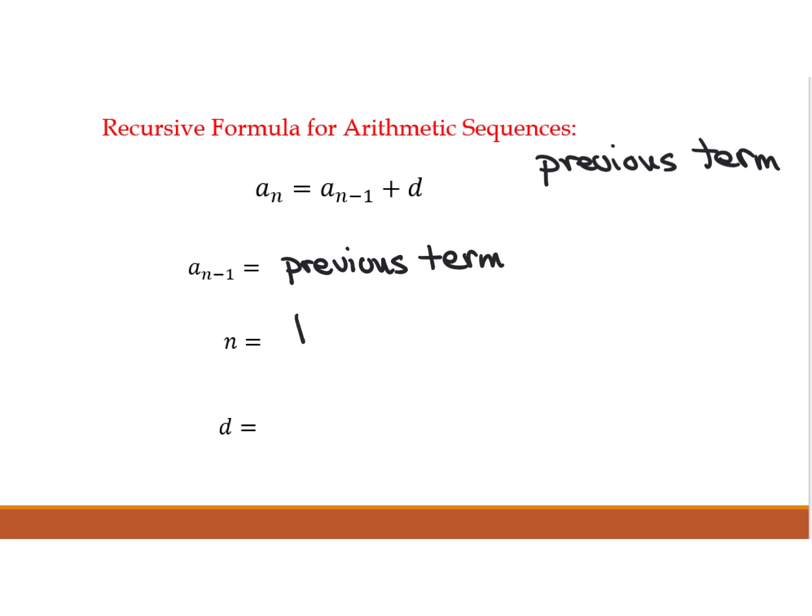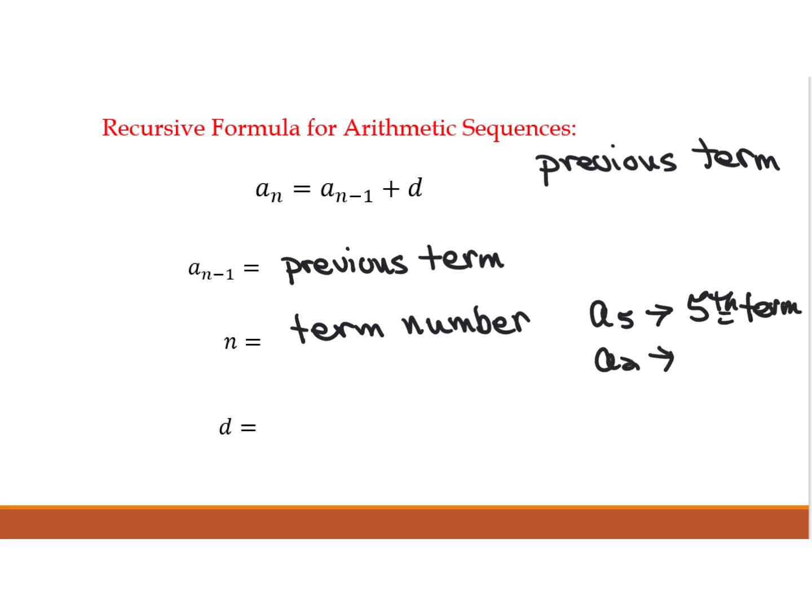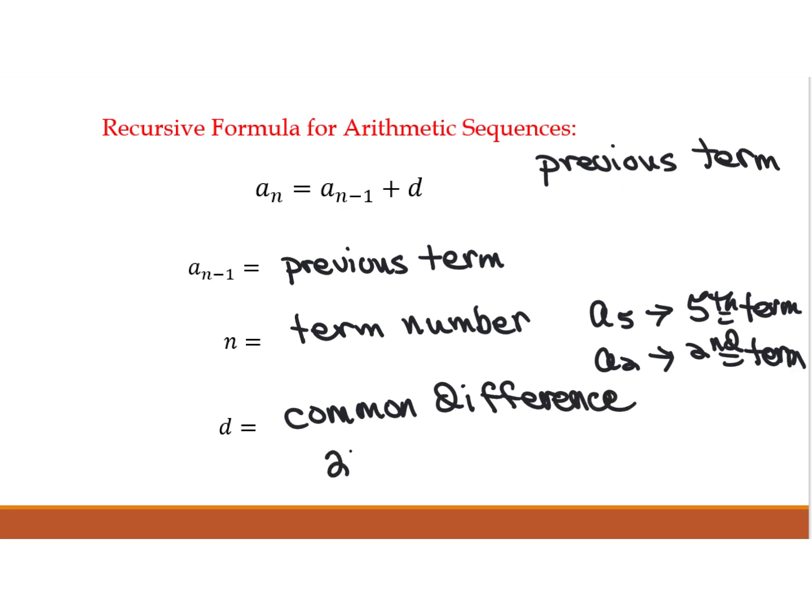N is the term number, so if you have a sub 5, we're finding the fifth term, and if you are given a sub 2, we're finding the second term. D is your common difference, again found by taking the second term minus the first term.